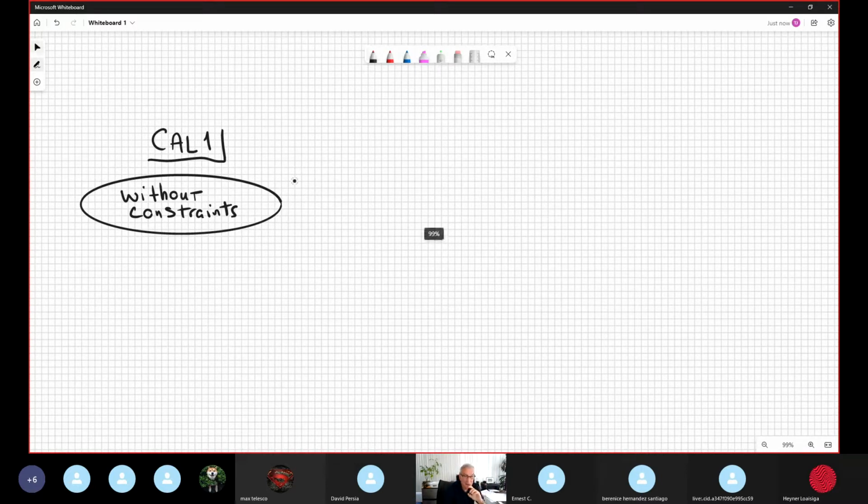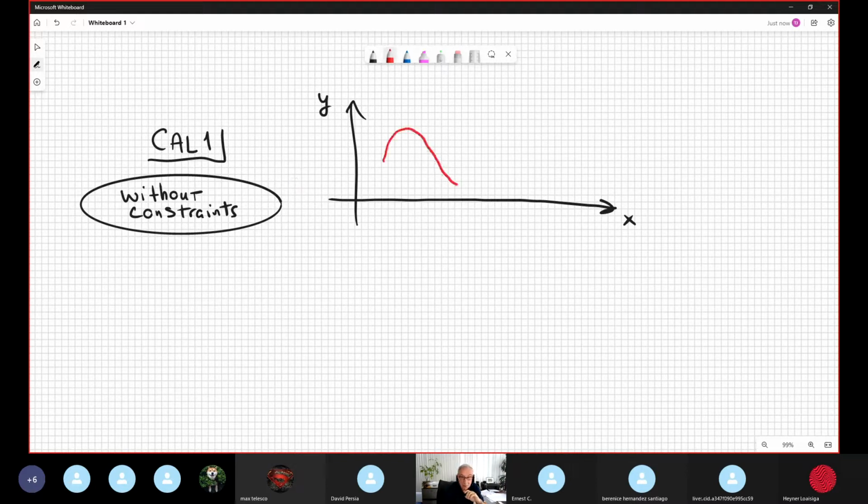So for example, you have a function, suppose a function like that. And to say now we have no constraint means we analyze everything in all real numbers, from negative infinity to positive infinity.